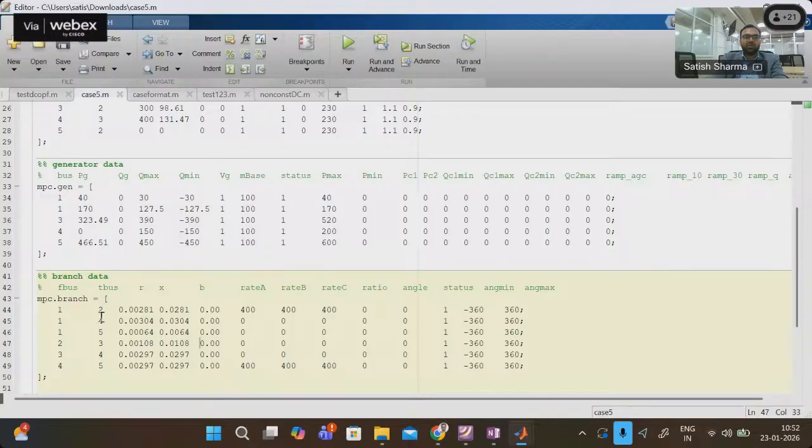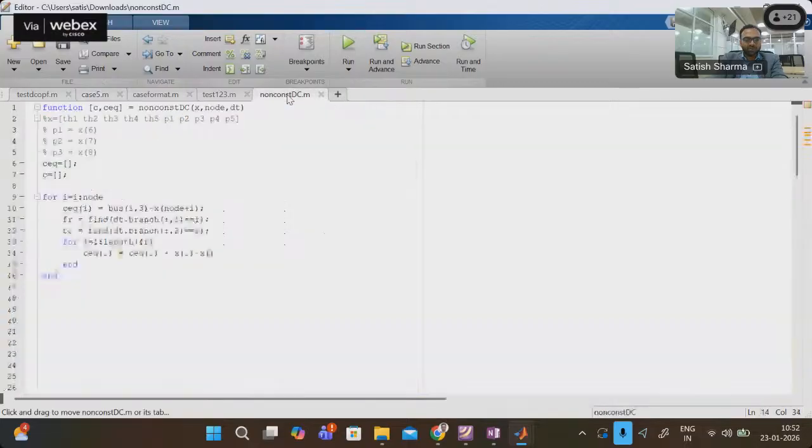So j will be 2, 4, and 5, and that will be available in this particular part. So I will place x dt dot branch, and then which branch we are looking at. We are looking at the FR jth branch. So this should be the branch, and then whatever is available at the second column in this branch should be the x.